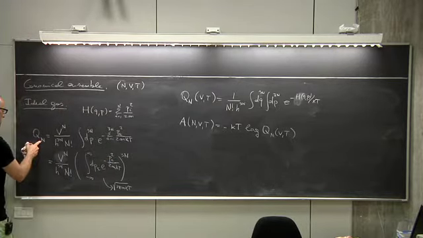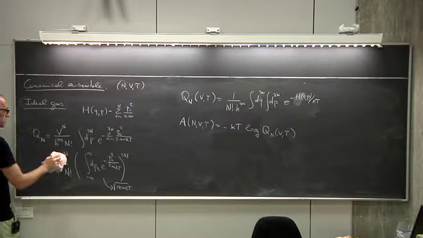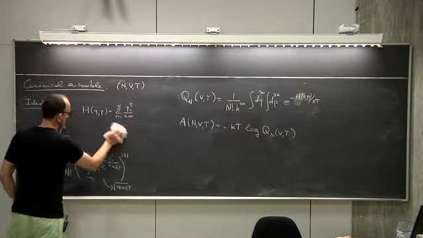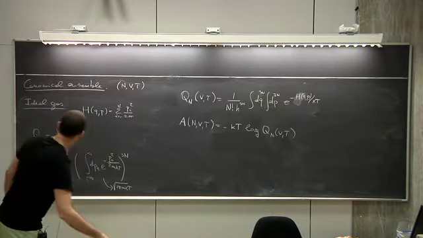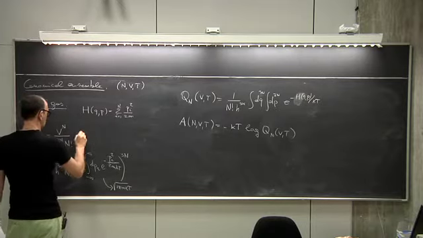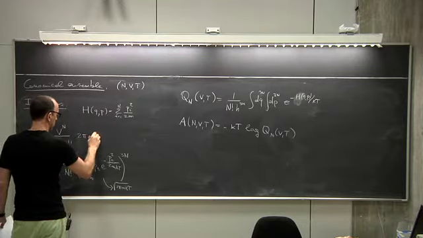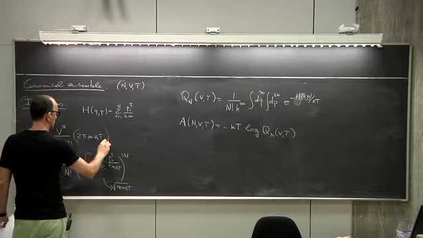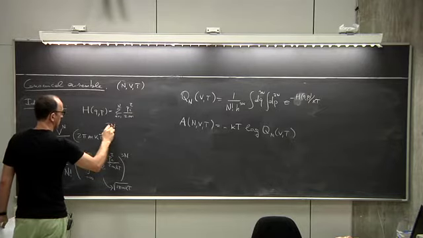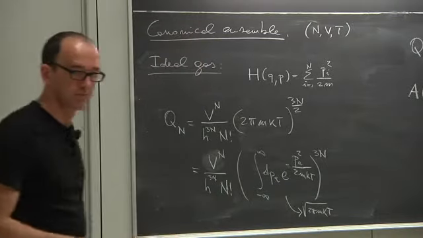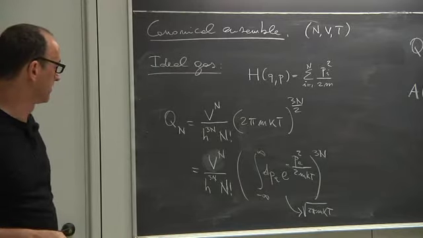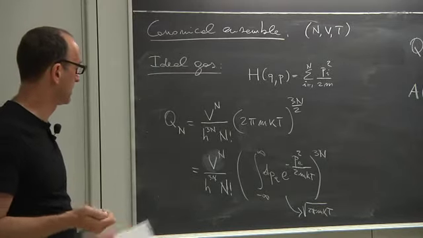So this partition function for the classical ideal gas is 2 pi m kT to the 3N over 2. Okay?